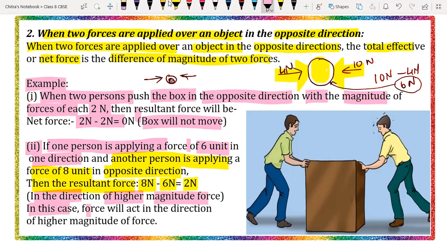So if one person is applying more force than the other, then the net force acts in the direction of that person.